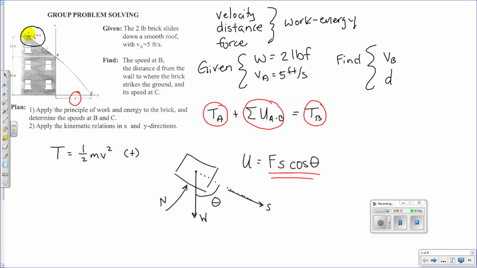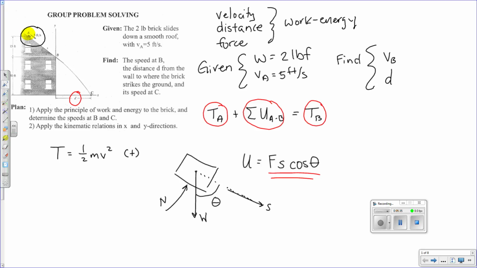We can say it's the product of the component of the force in the direction of the displacement times the displacement. Or we can look at it in terms of s cosine theta times F, which is to say the component of the displacement in the direction that the force is acting.